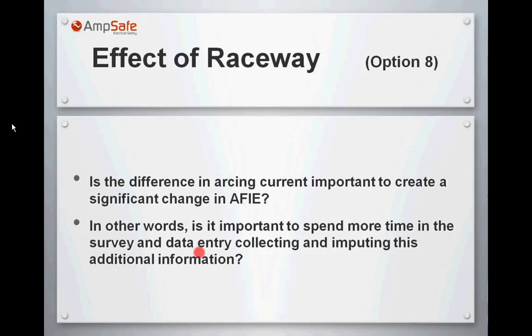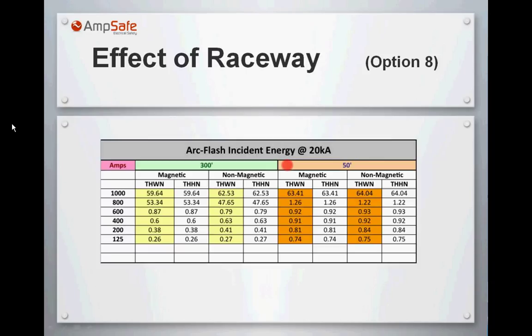Here we have the different ampere ratings, and we have the energies depending upon the distances. For example, let's take a 600 ampere breaker with magnetic conduit and different types of insulation.